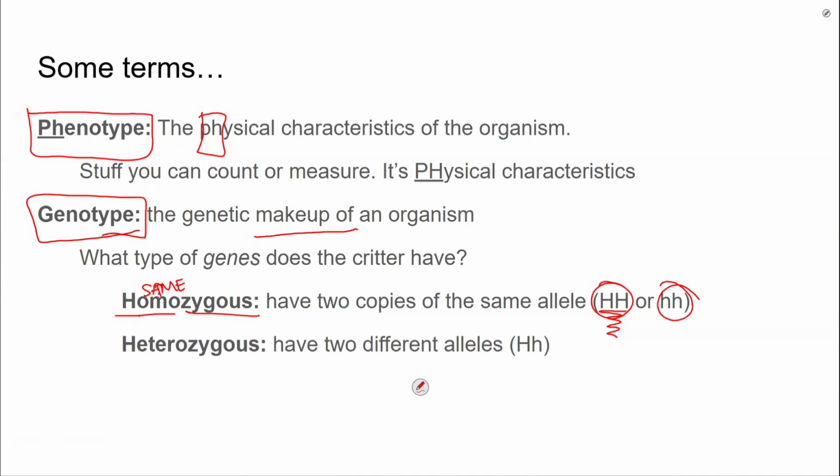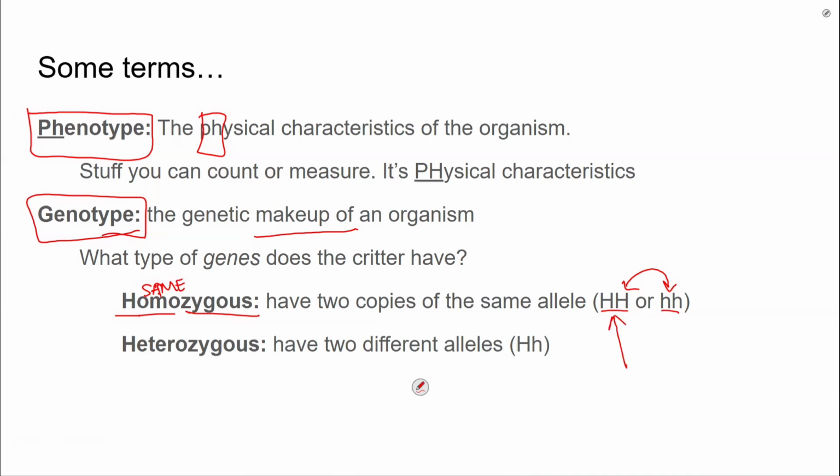Uh-oh, what I'm noticing here is that our big H is called homozygous, and our little h is called homozygous. That's the same term for things that are different from each other. Uh-oh, that means we need to have some extra words to describe these differences.